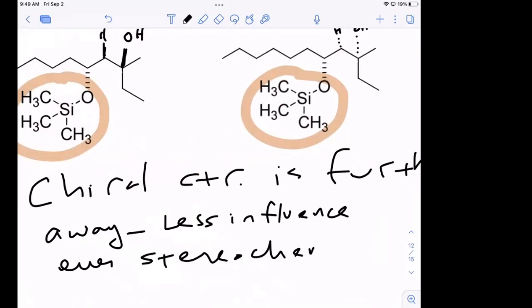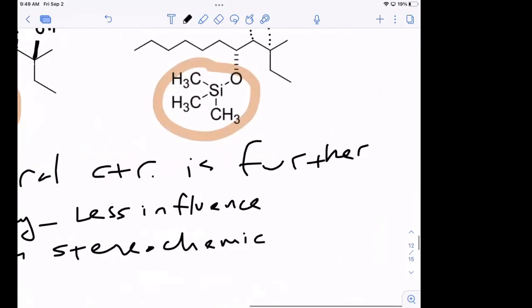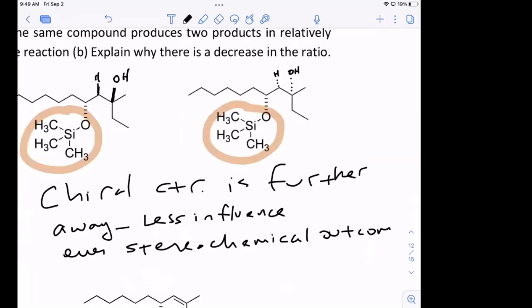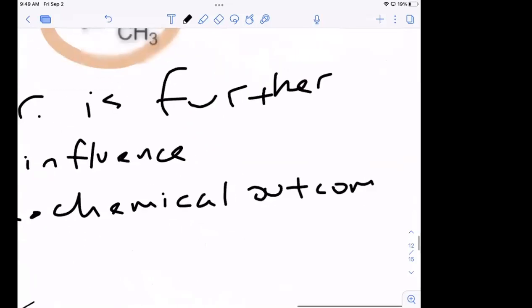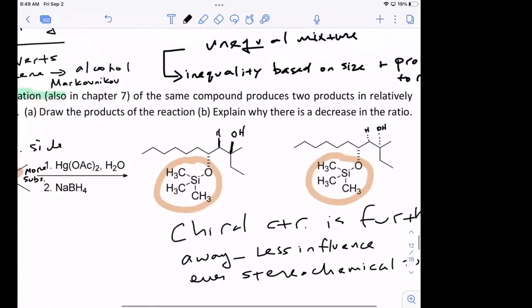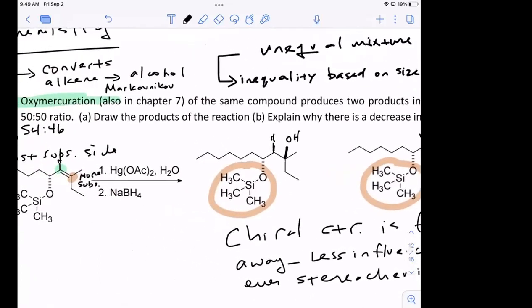So the stereochemical outcome is less influenced because the chiral center is further away from the reactive site. If the reactive site is here on the more substituted side in this reaction, and that chiral center is further away, then it's not going to have the same effect like it did up here.